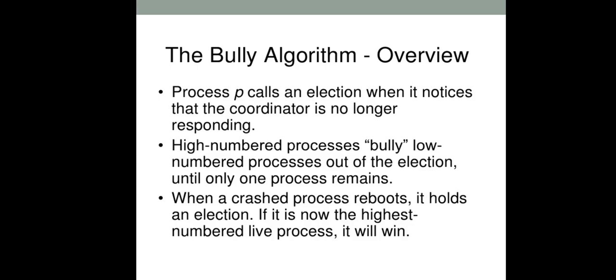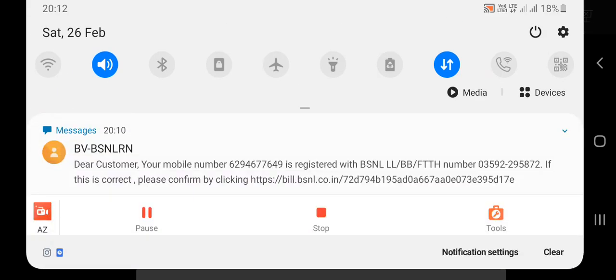So, let us say we have 5 processes in my distributed system, P1, P2, P3, P4 and P5. The requirement of the Bully algorithm says that every process should know the set of IDs that exist in that distributed system.